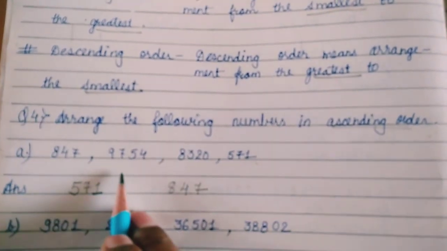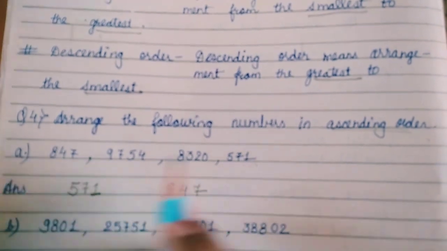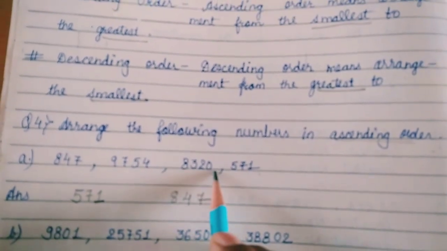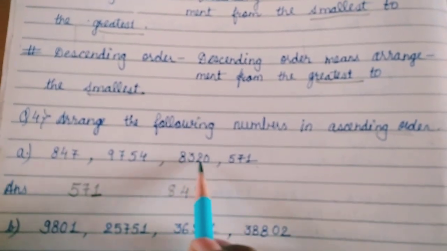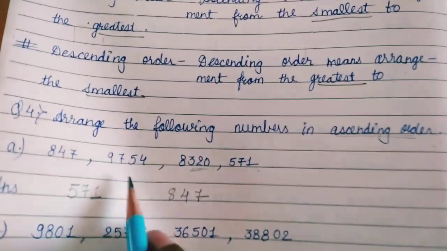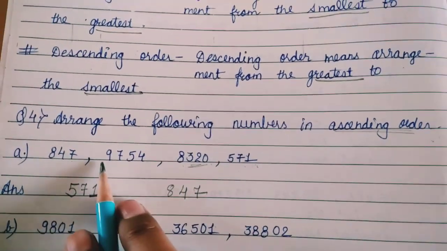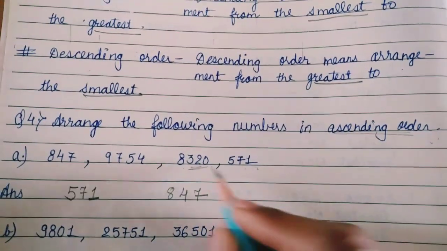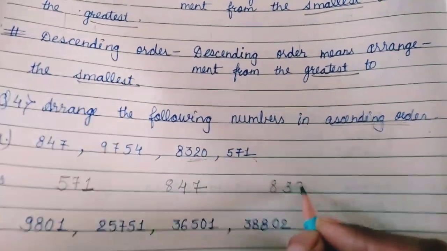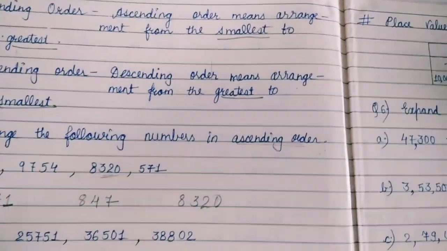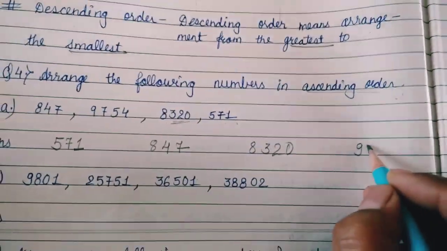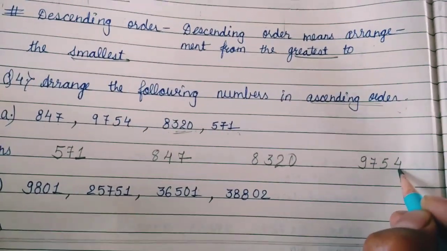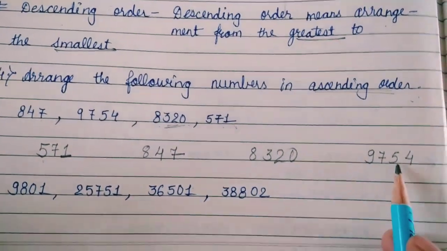Now the remaining 2 are 9754 and 8320. Simply you can see this 8320 is less than 9754. So here 8320, and the last number, which will come at the end, is 9754. So smaller to bigger.